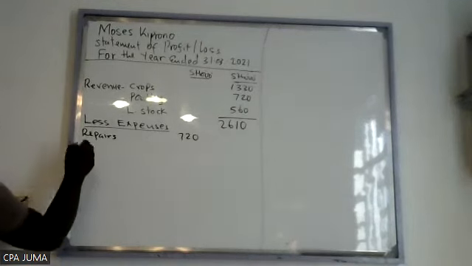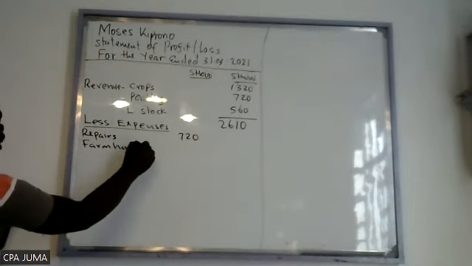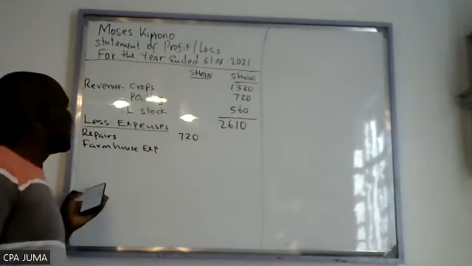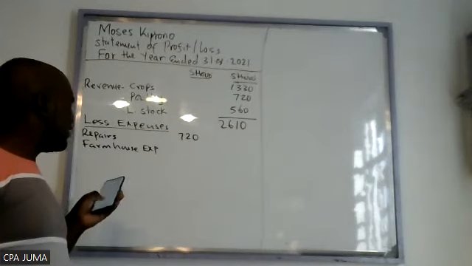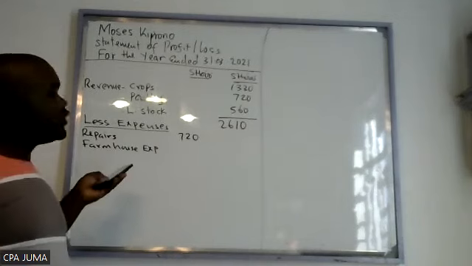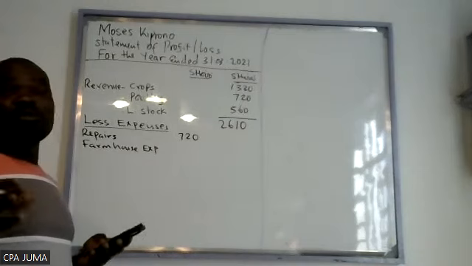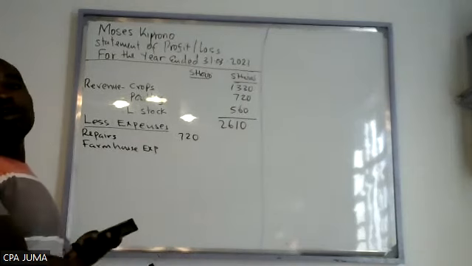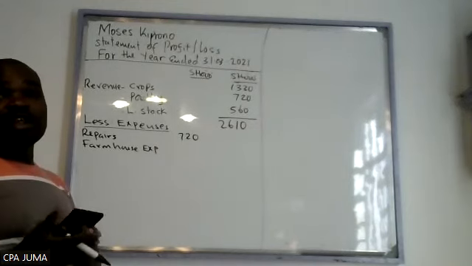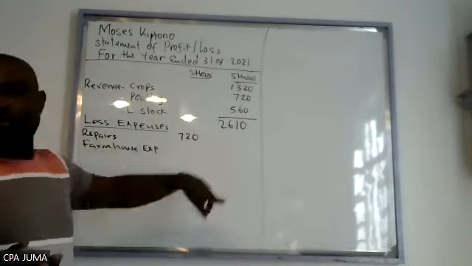So farmhouse. Why is farmhouse, farm expenses, and even repairs to the farm, whatever comes to the general? When you talk of farmhouse, repairs can go into 50, not 720. Farmhouse, anybody can use. The livestock people can come and sleep in that farmhouse, the crops people too. Some people think farm is crops only, no. The farm here brings all.